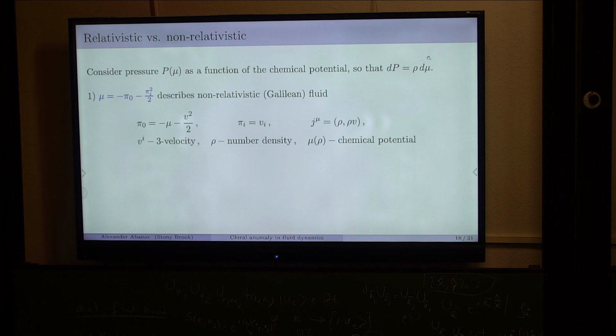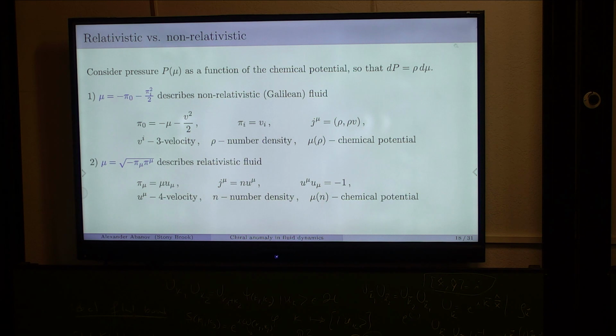Then we just say that if you substitute, instead of mu, the combination pi 0 plus pi I squared divided by 2, and then use the equations which I wrote before, you will get standard Euler fluid dynamics from the textbooks, which is Galilean invariant. So this way you will get a Galilean, non-relativistic fluid. And then you also recognize all other quantities.